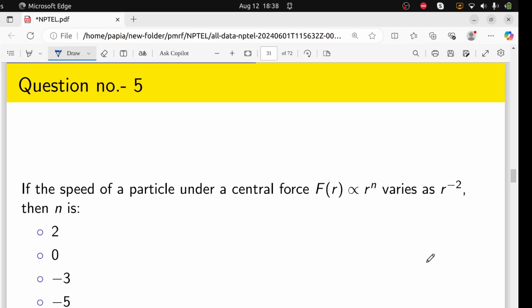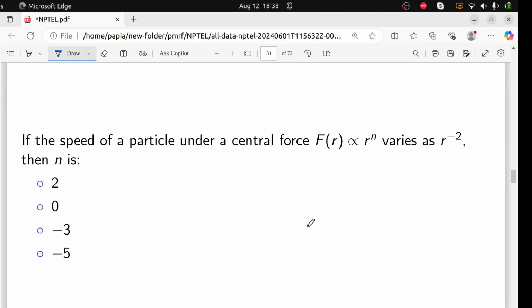If I have the value of F, how I can get the equation of the motion for that particle, or if I have the equation of the motion, then how I can get the F value. All the things he has already calculated very well. So from this onwards the central force problem is coming.